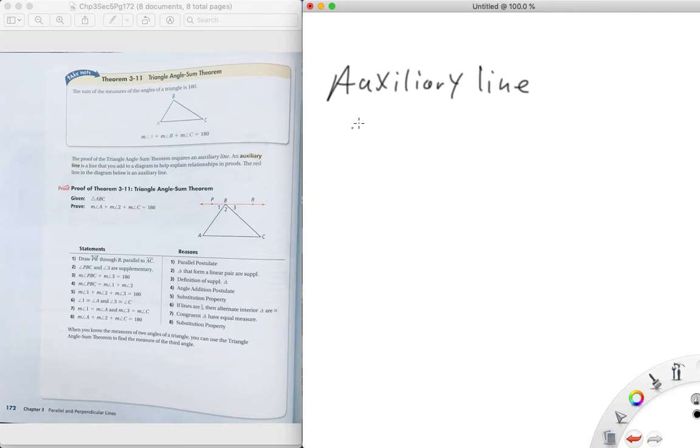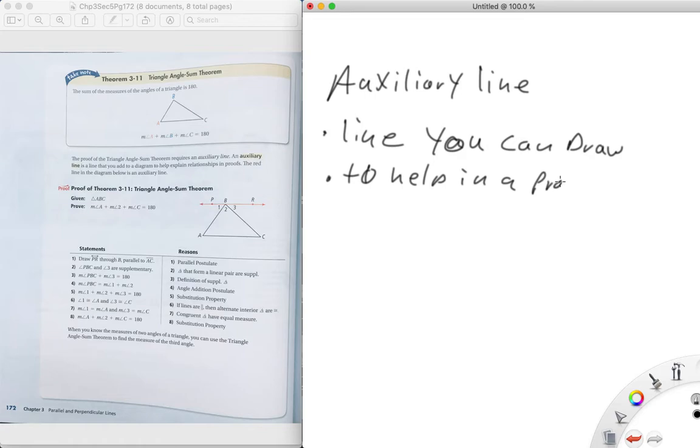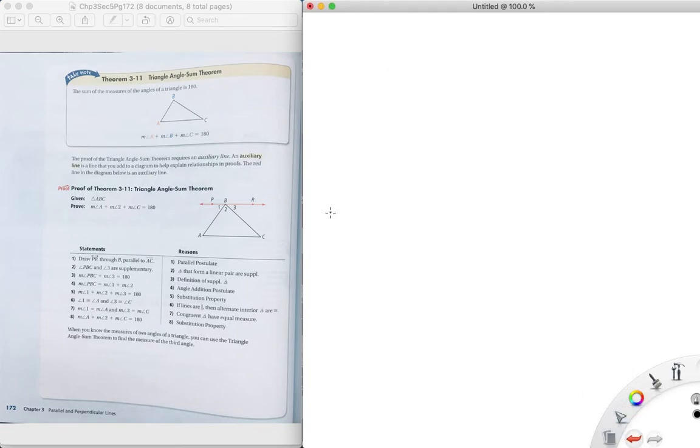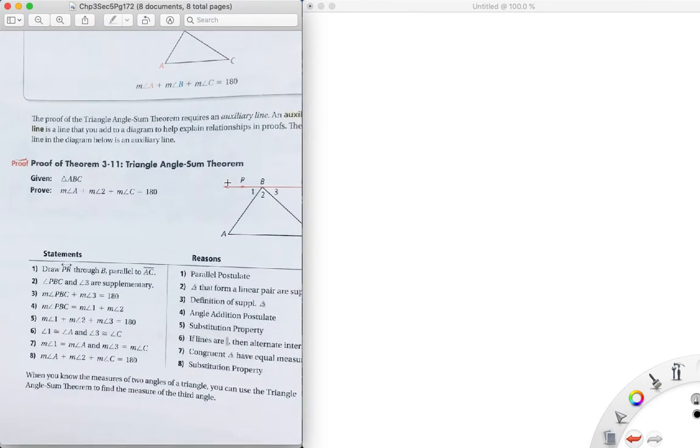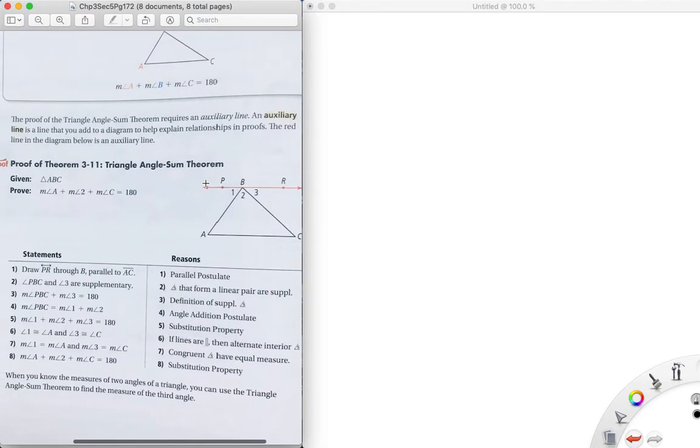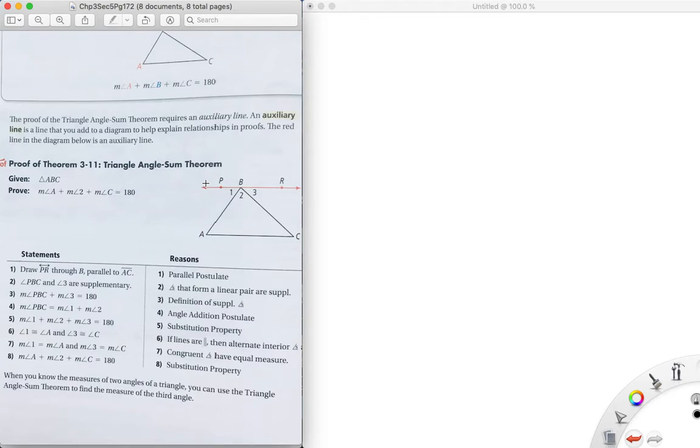So it's a line you can draw to help you in a proof. That is an auxiliary line. The book says an auxiliary line is a line you add to a diagram to help you explain relationships and proofs.